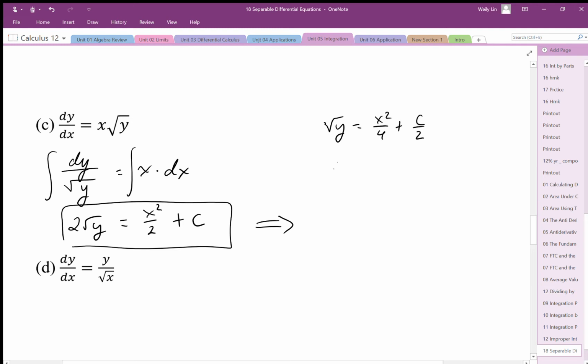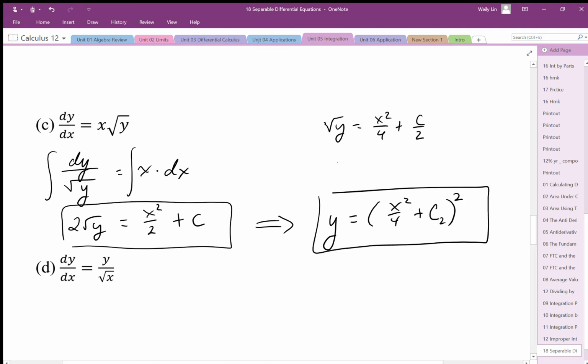And then I'm going to square both sides, so I get y is equal to x squared over 4 plus some constant. I'm just going to call that c2. And we're going to square both sides of that. And there it is. There's my function as a y equals function. So this derivative will give us this differential equation. If we differentiate this, it'll give us this differential equation here.